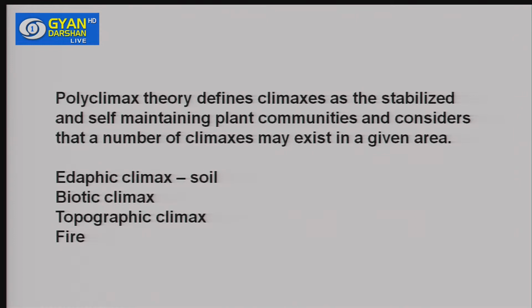So all these factors should be taken into consideration when you are explaining the climax community or the stable community. So learners, finally, if we sum up what we studied today: initially we started with the definition of succession, and then the different stages in succession, the classification of succession, the parameters of succession, and then we took certain case studies, like in case of certain community formation, how can you explain this succession parameter?